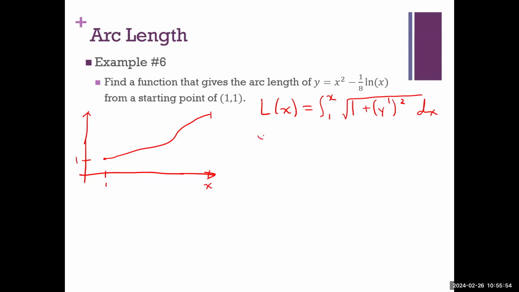So what is our y prime in this case? 2x minus 1 over 8x. So now from there, where do I go?